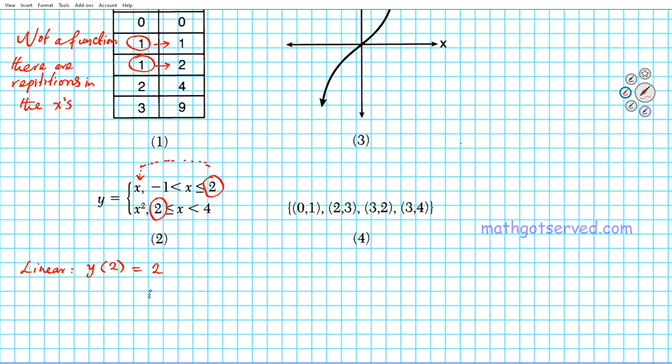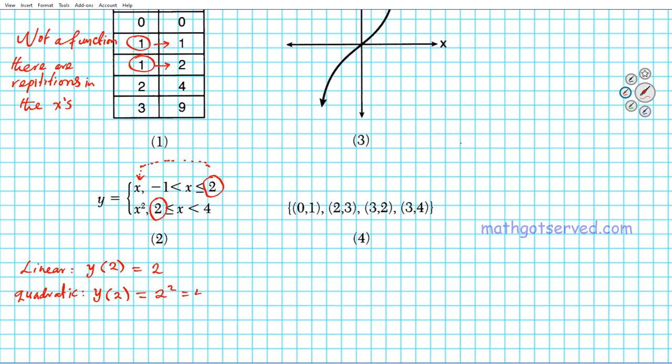That's the output value. Now let's look at the quadratic. At the handoff point, y of 2 is x squared, so it's 2 squared. What is 2 squared?